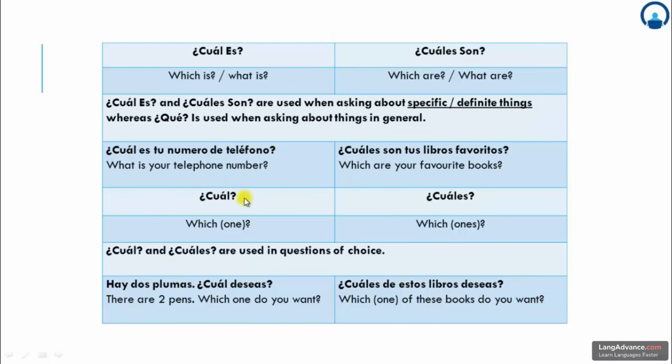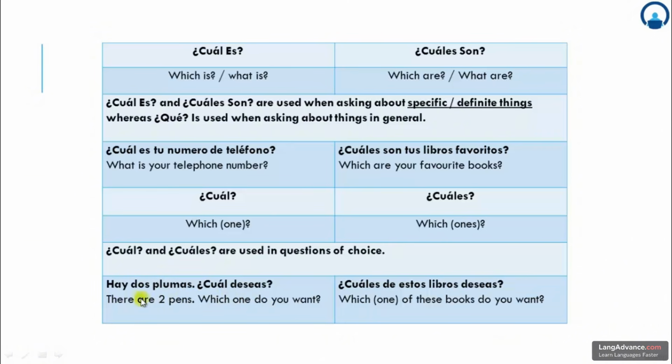Next, cuál or cuáles. This is singular cuál and this is plural cuáles. Cuál means which one and cuáles means which ones. Cuál and cuáles are used in questions of choice. For example, hay dos plumas. ¿Cuál deseas? There are two pens. Which one do you want?